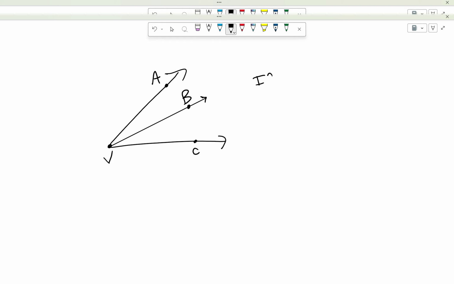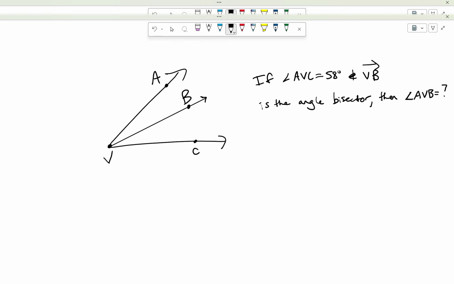If angle AVC is equal to 58 degrees, and we have VB, which is a ray, is the angle bisector, then the question becomes, what is the measurement of that angle AVB?